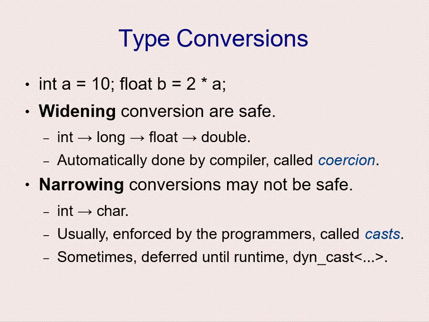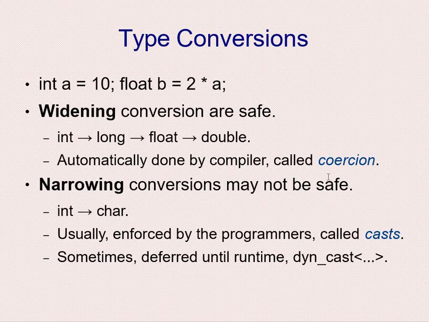This is narrowing conversion and may not be safe, because one is integer and the other is character. So we have to do typecasting, usually enforced by the programmers, called a cast. Typecasting is sometimes deferred until runtime; this is a dynamic cast. So widening is safe, and narrowing is not safe.